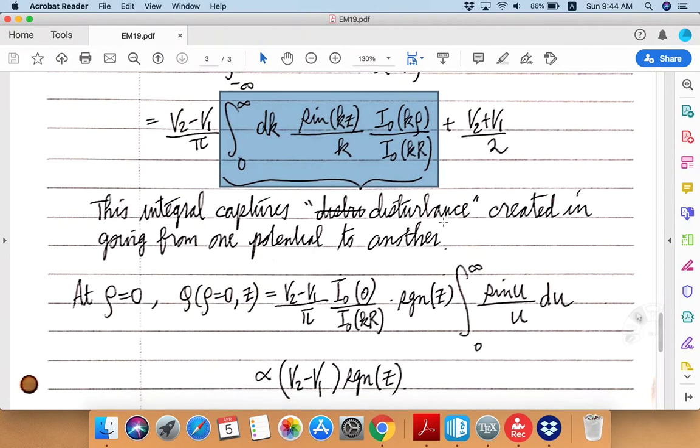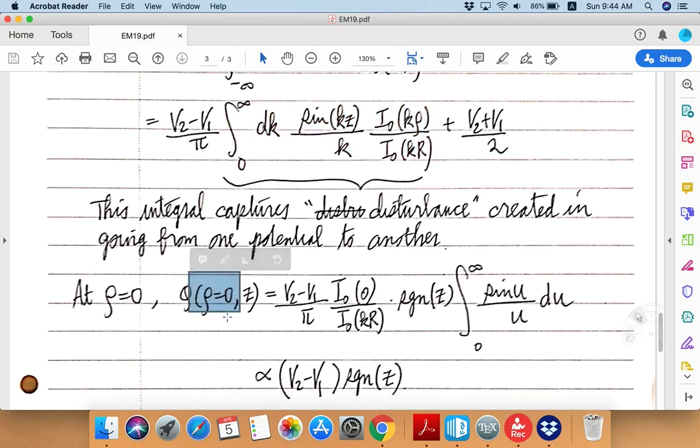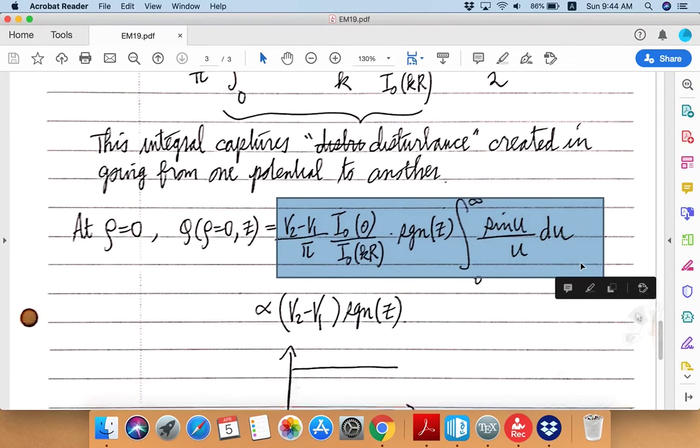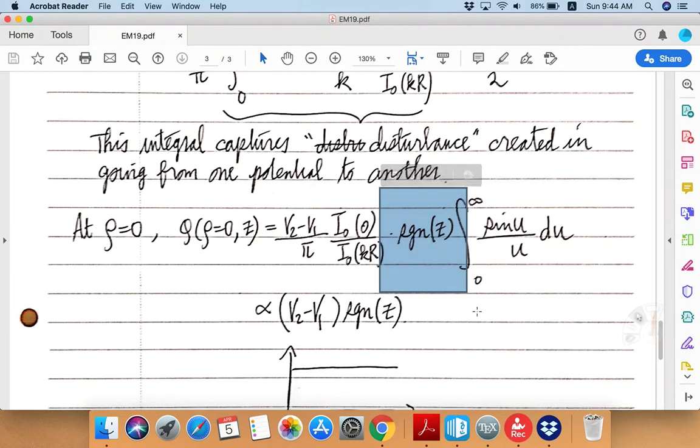And I realized that this integral is actually very easy to analyze in the limit where rho goes to 0. That's along the axis of the cylinder. So along that axis, we have this integral form. And you see that this z dependence comes through this step function.